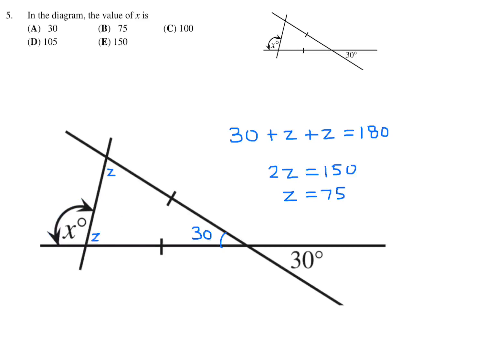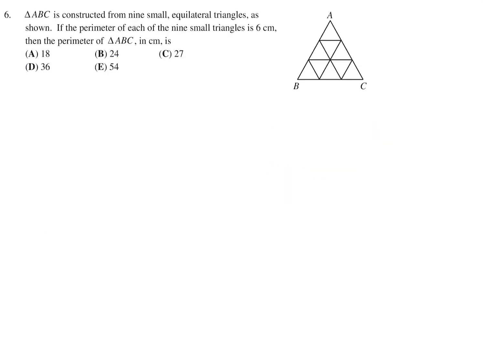So that basically means that x plus z is 180. So x plus 75 is 180, and therefore x is equal to 180 minus 75, which is 105. So number 5, the answer is D.